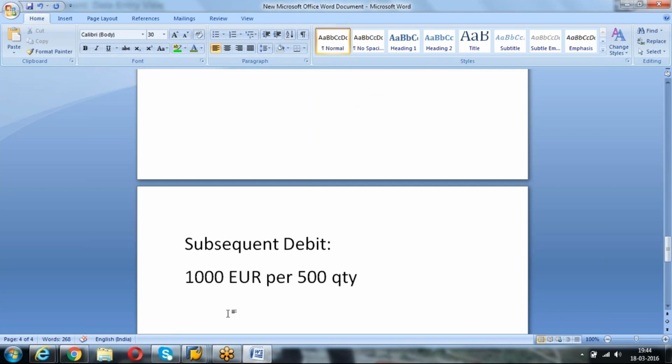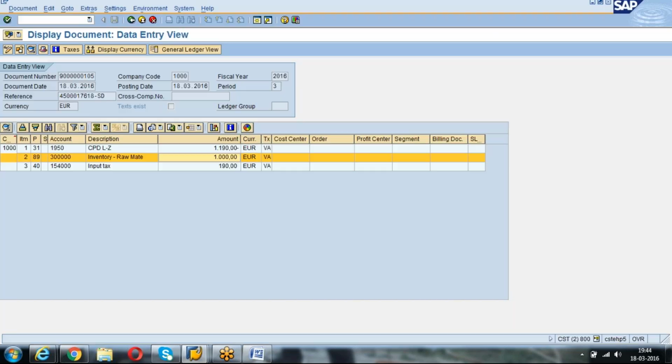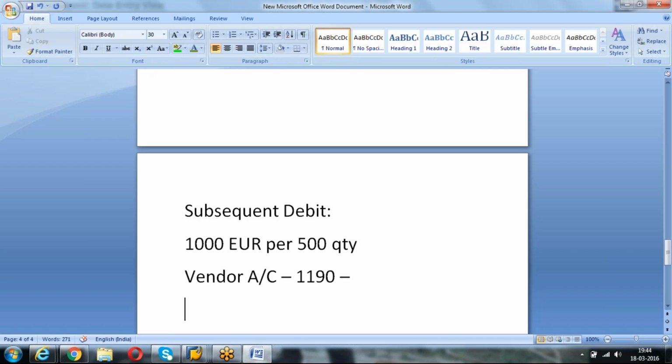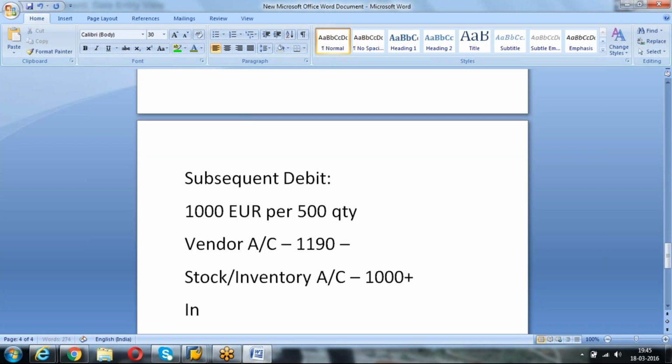Okay. For the subsequent debit, how did it happen? The accounting entries are: vendor account, how much amount? 1190 credit, and stock account. We use stock or inventory, whatever it is. Inventory account, how much you have increased, that 1000 is debit, and input tax, we are going to pay the tax also, right?